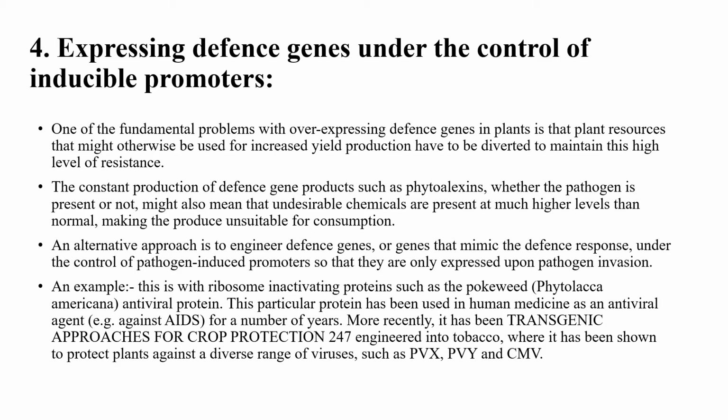This particular protein has been used in human medicine as an antiviral agent, for example, against AIDS for a number of years. More recently, in a transgenic approach for crop production, it was engineered into tobacco, where it has been shown to protect against a diverse range of viruses such as PVX and PVY and cauliflower mosaic virus.